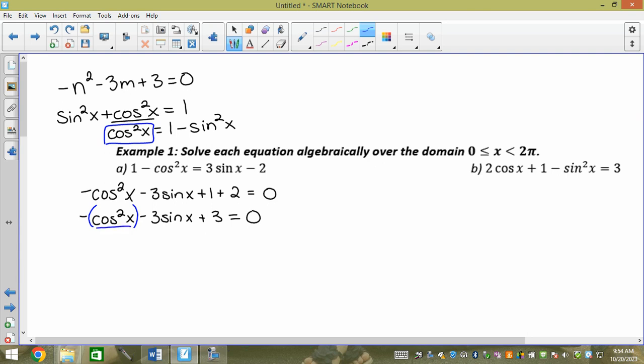So I need to put that in brackets and then do what with the negative sign? Distribute it. We agree? So I'm going to have negative, bracket 1 minus sine squared x, minus 3 sine x, plus 3 equals 0. Now am I going to have all sines like yesterday?